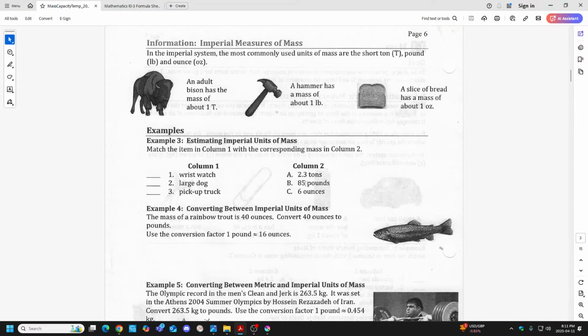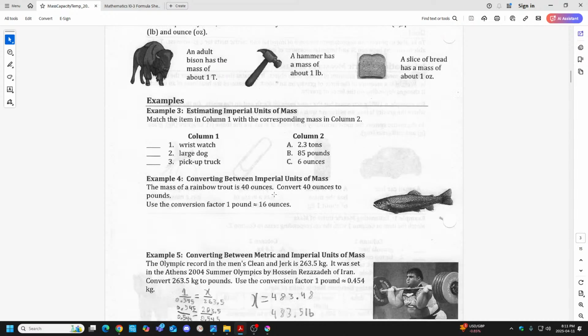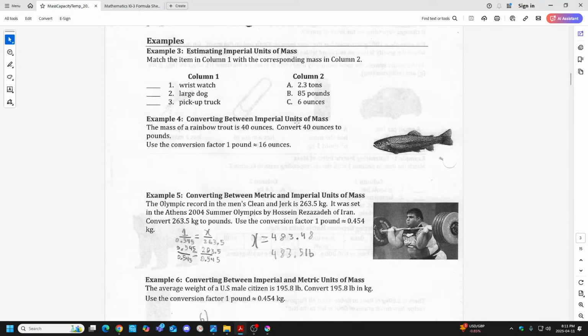So 2.3 times 2,000, it's going to give you like 4,000, 4,500, somewhere in there, I'm guessing. 2,000 times 2.3 is 4,600 pounds. Okay, which is pretty close, pretty accurate. So our pickup truck's going to be 2.3 tons. Okay, quick answers on that.